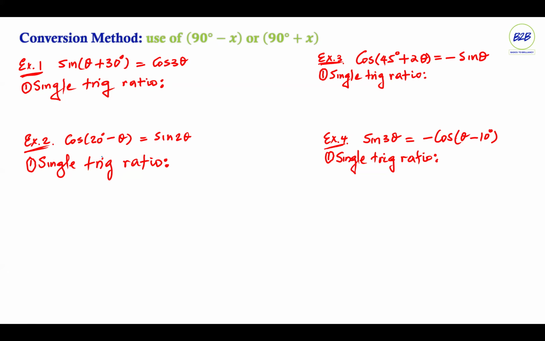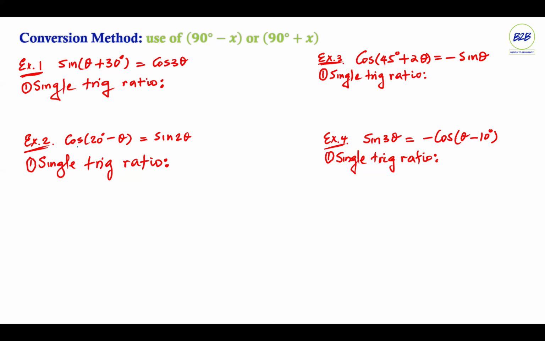Within that equation, there is sine and cos, which means there are two trigonometric ratios. Then the question is, how do we strive here for a single trigonometric ratio?